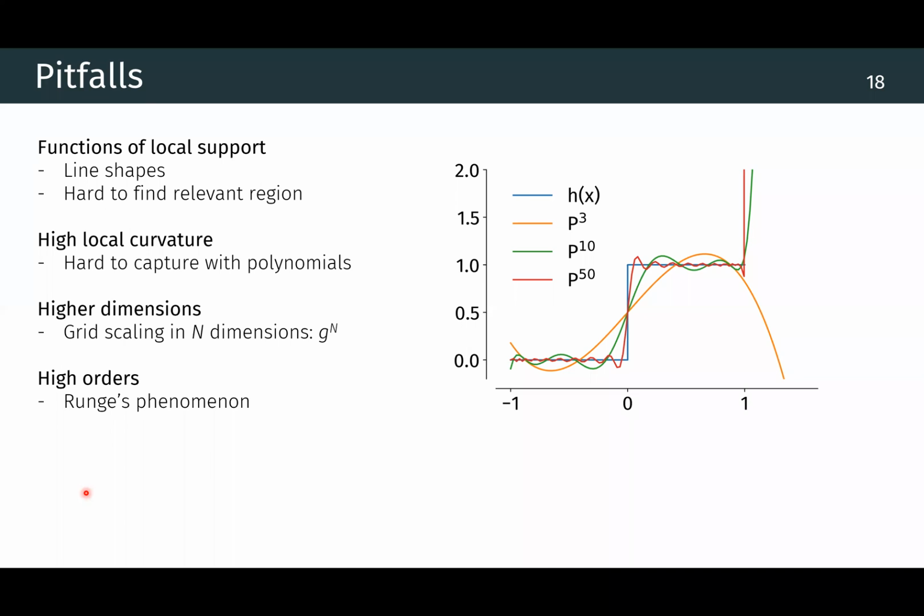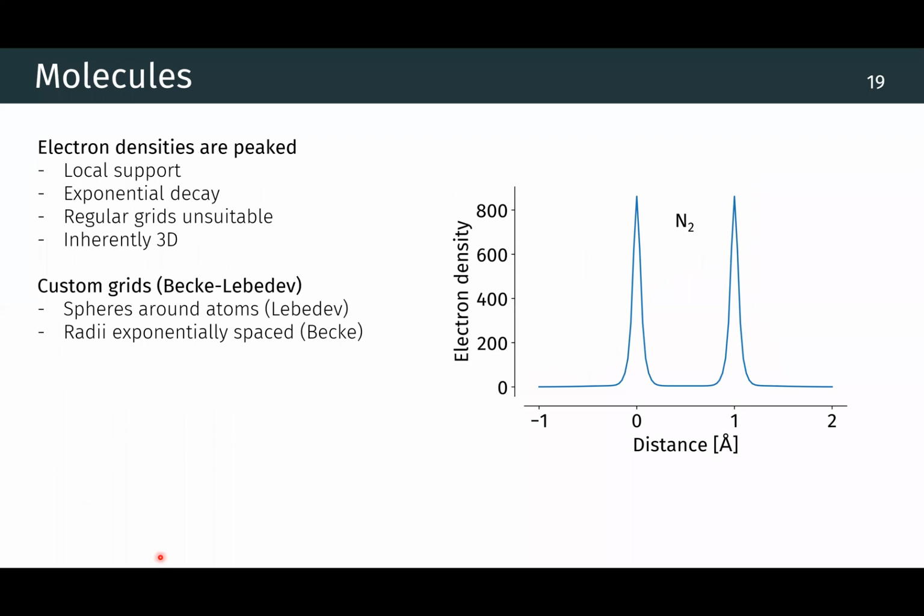All right, this was all 1D. So that's, for example, relevant if you do line shapes or if you want to integrate model functions that you have. Let's look at molecules. So this is what we can do for molecules. On the right side, you see the electron density in the bond axis for some N2 dimer at 1 angstrom distance.